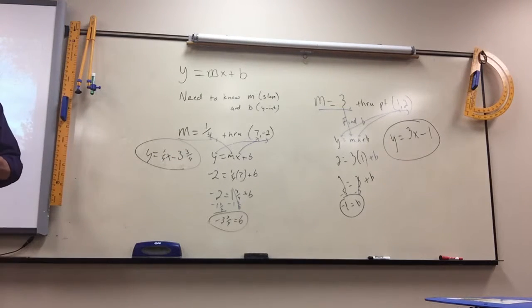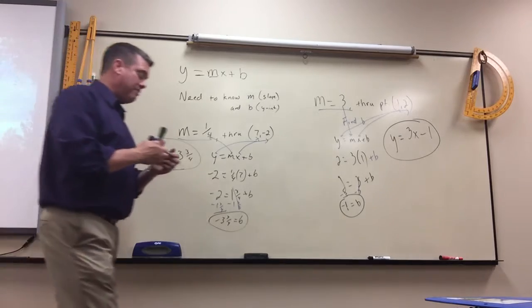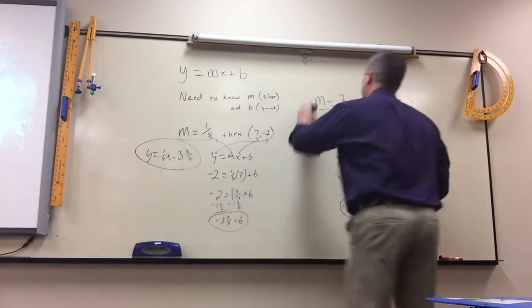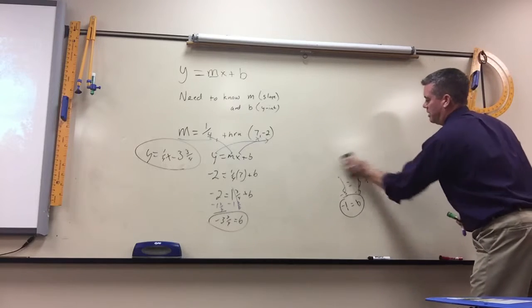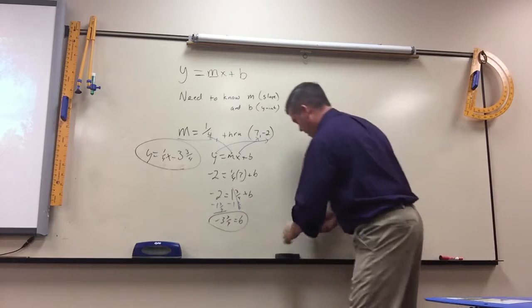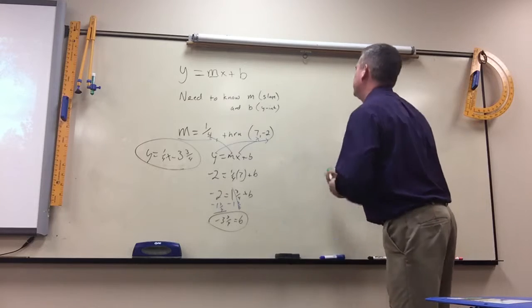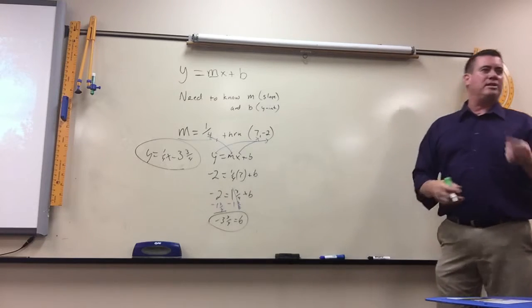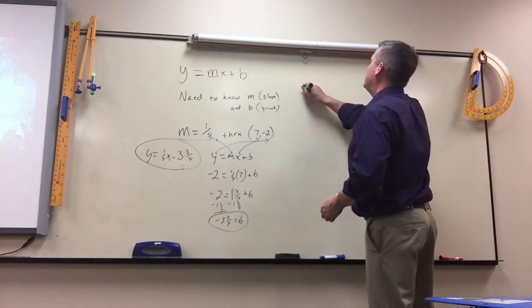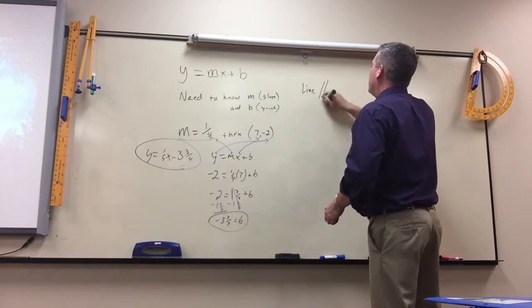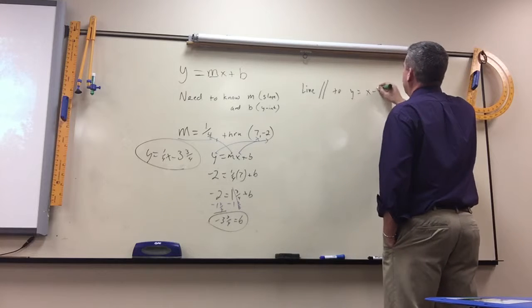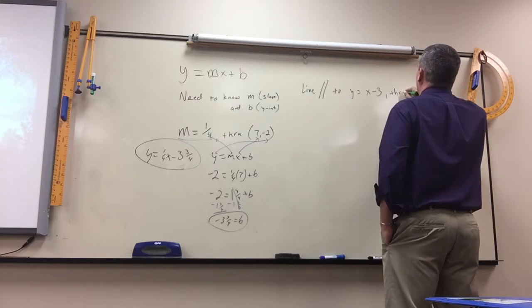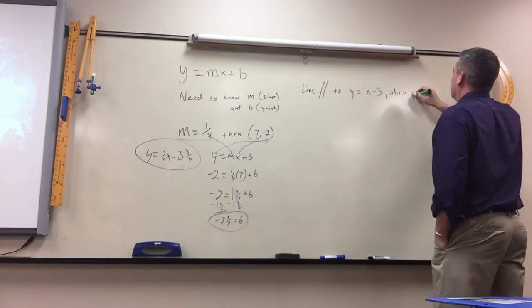Alright? Now, the ones that you haven't, well, I guess we did a few of them last year, that are solved just like this, except they're worded differently. So it'll say, write the equation of the line parallel to through a point.